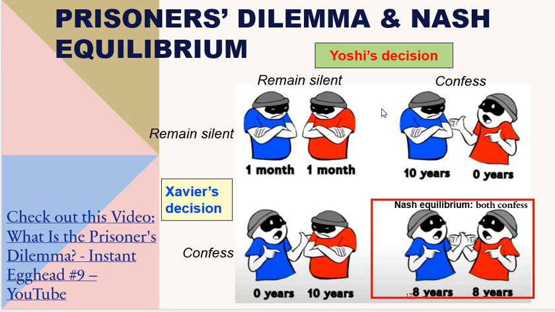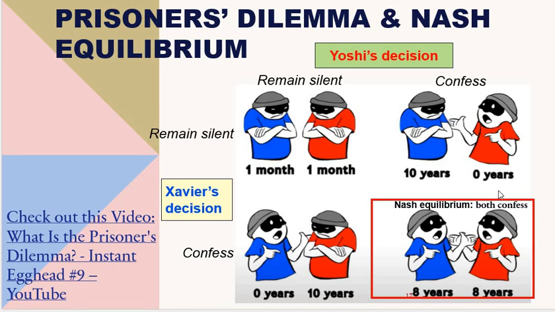The same goes for Yoshi. If Yoshi confesses and Xavier remains silent, only Xavier will be charged and put in jail, and Yoshi will be freed.